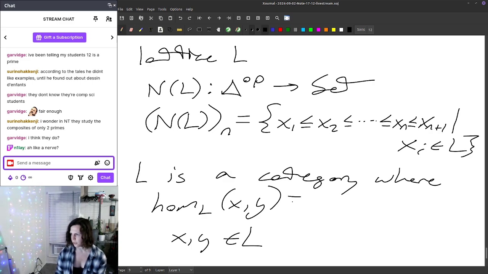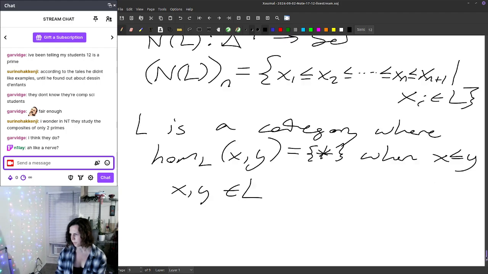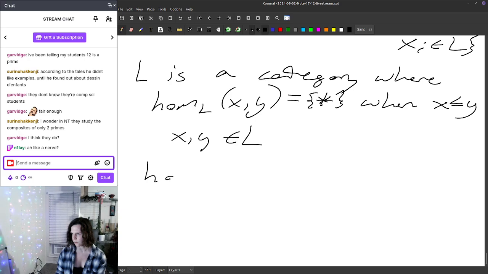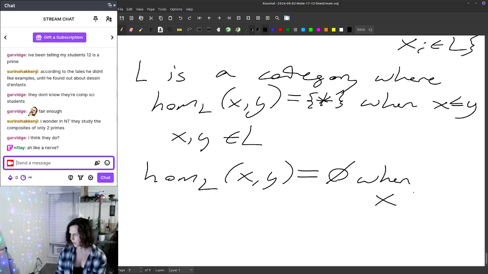Well, there is a single morphism in this Hom set when x is less than or equal to y, and otherwise there's no morphism at all when x is not less than or equal to y. And remember, that doesn't mean that x is greater than y, that just means they're not comparable, so they wouldn't have this.